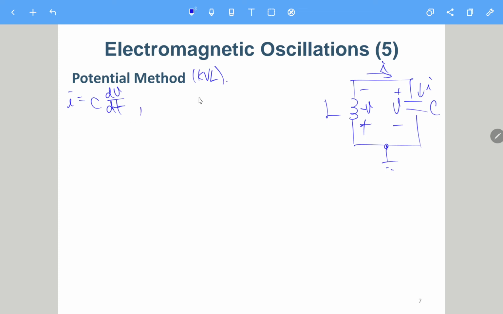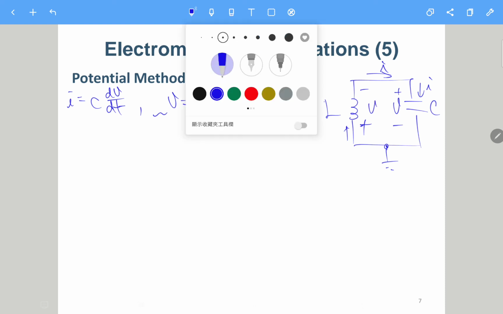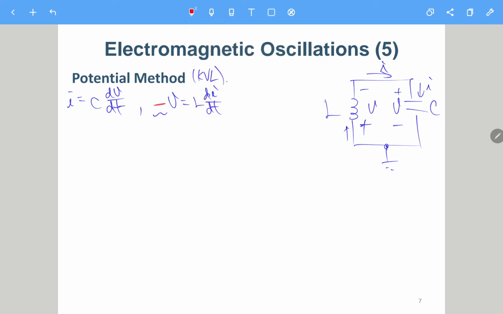And then for the inductor, I is in this direction, but V here is negative V. So here we have negative V equals L di/dt. We have this minus sign because this is negative, or maybe I can just highlight it in red color. We have a negative sign here, we have a negative sign here.